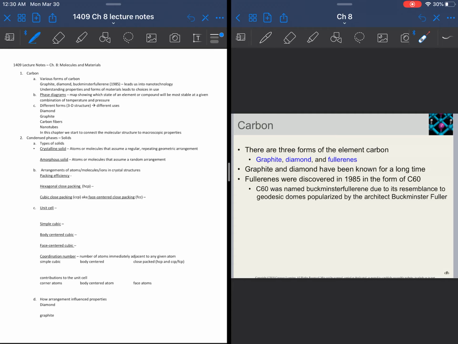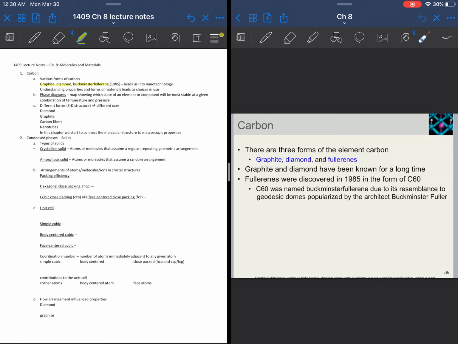If we look at the element carbon, carbon forms multiple different types of solid carbon. There's graphite, diamond, there's Buckminster fullerenes that was discovered as recently as 1985, and that led into the entire field of nanotechnology.